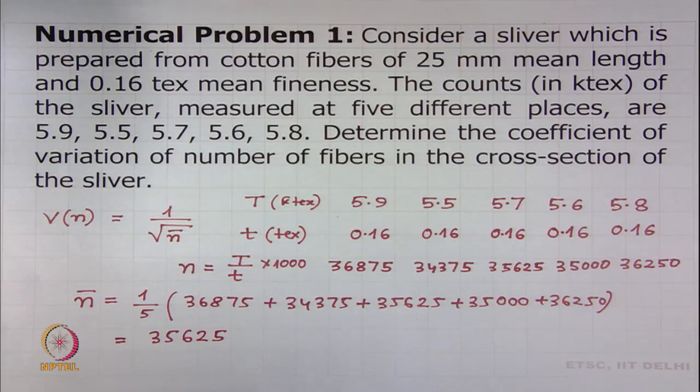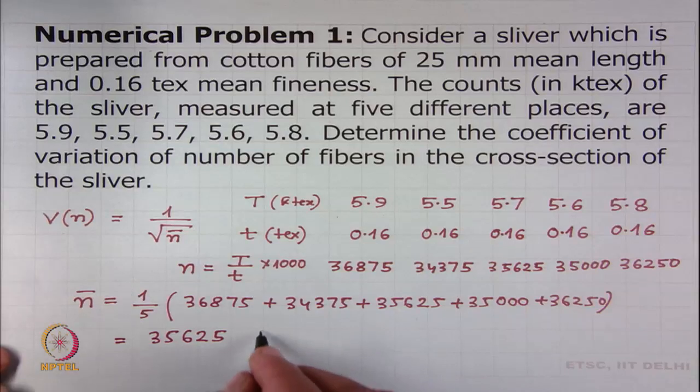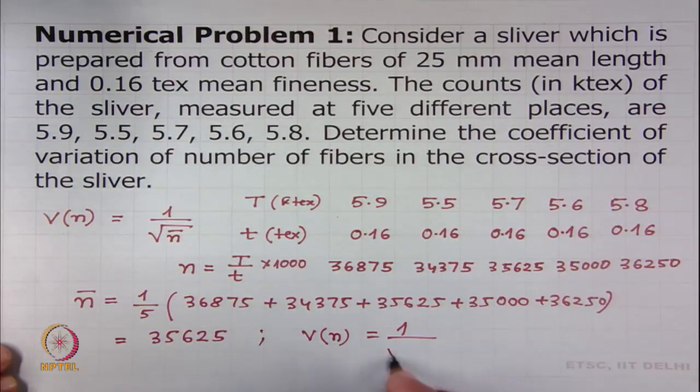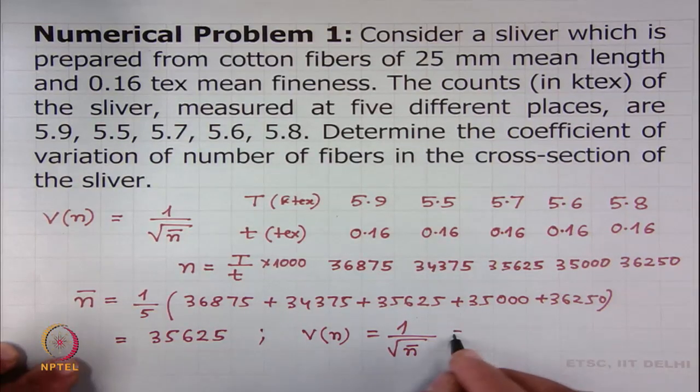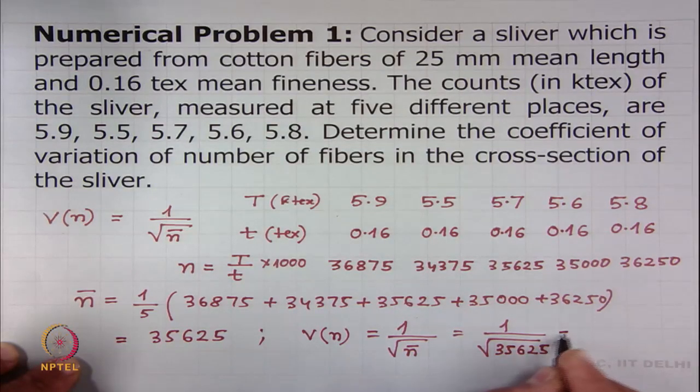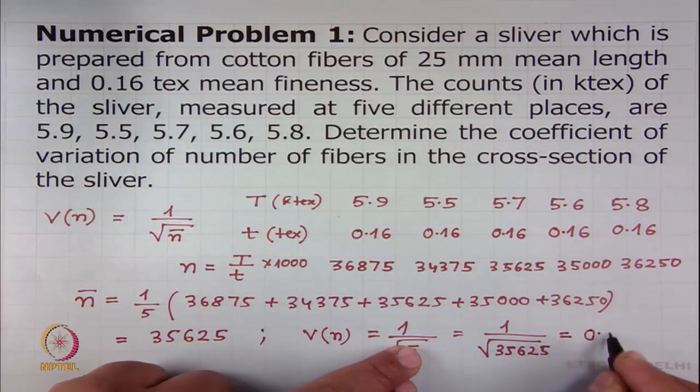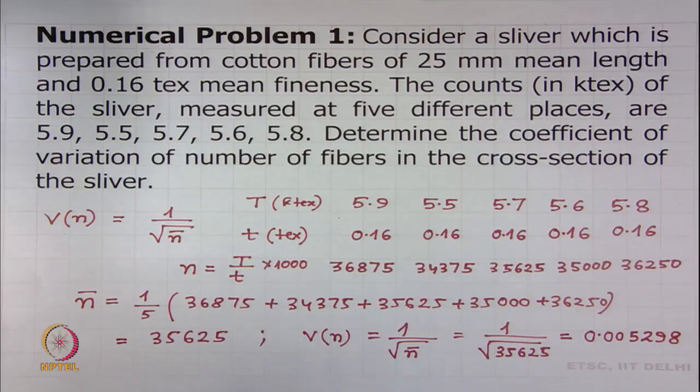So, this is the average number of fibers present in the cross section of the sliver. Then V n is equal to 1 by square root of this, which will give you this. So, this is the answer.